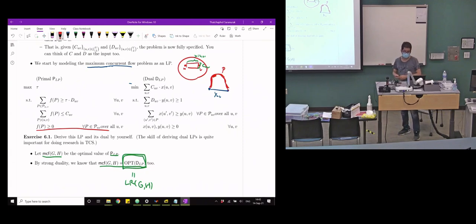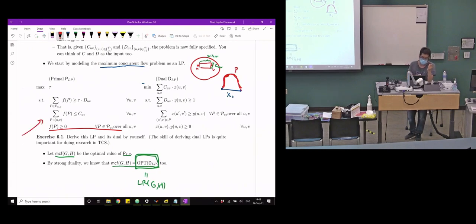The first reason is that you can use ellipsoid to compute this. Do you know ellipsoid? Can you raise your hand if you know ellipsoid?